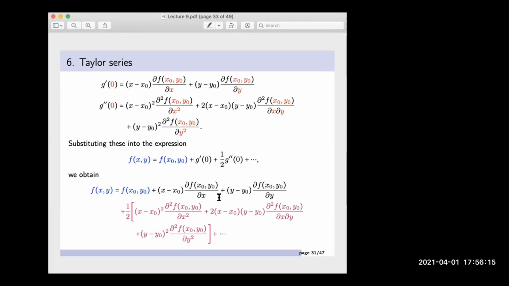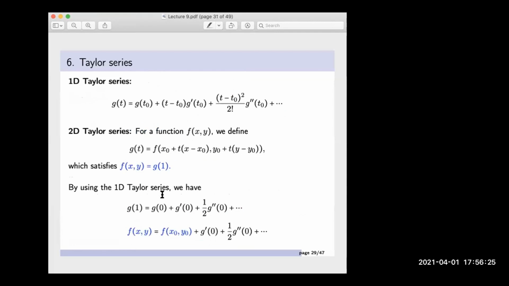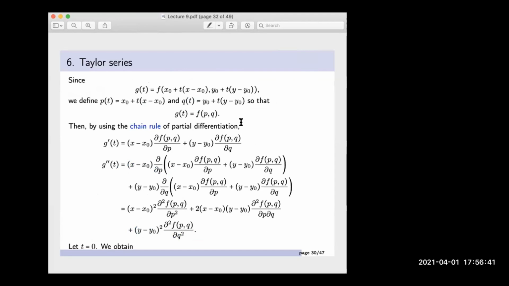So if you compare this with the Taylor series of a function of a single variable, for a function of a single variable, the function can be approximated by a quadratic polynomial in T, consisting of a constant part plus a linear part plus a quadratic part. Here is similar.